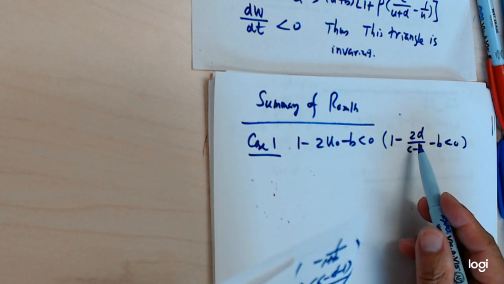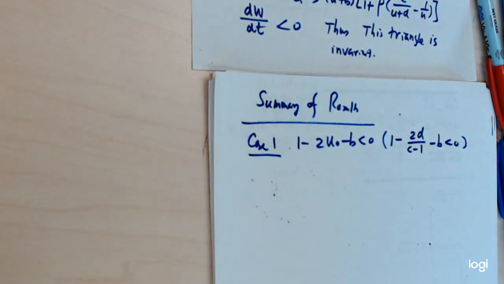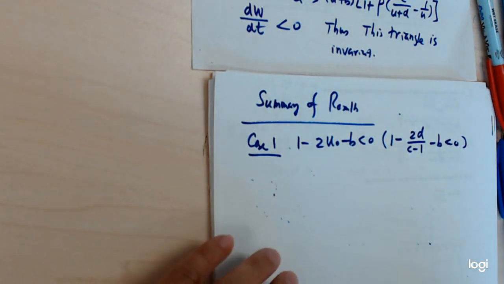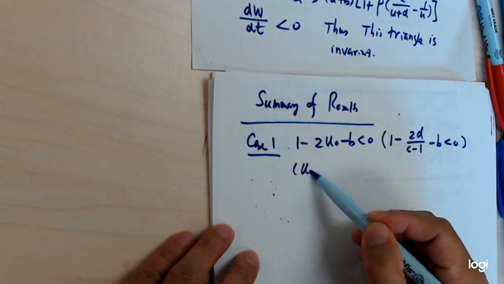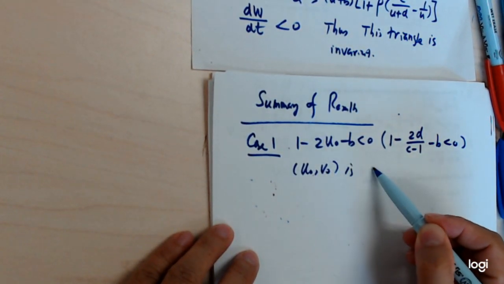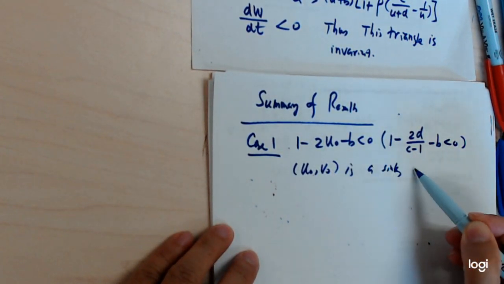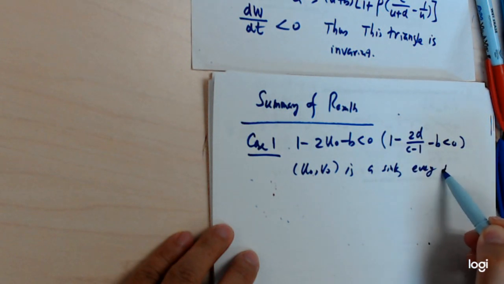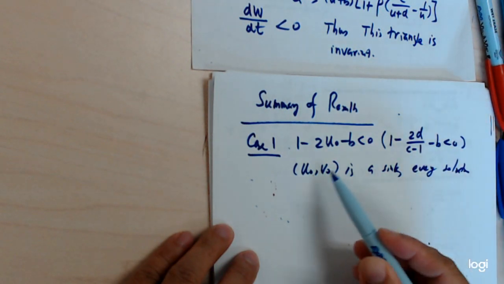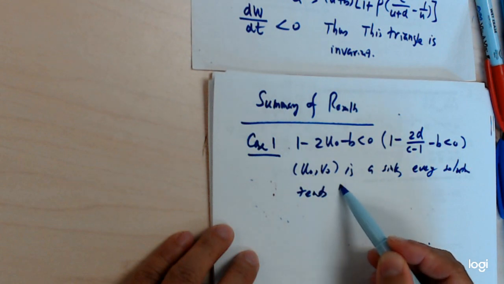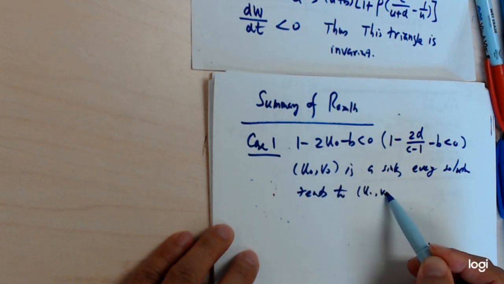If B, C and D satisfy this property, (U0, V0) is a sink. Every solution tends to (U0, V0).